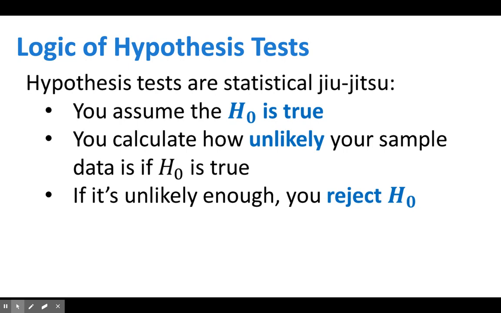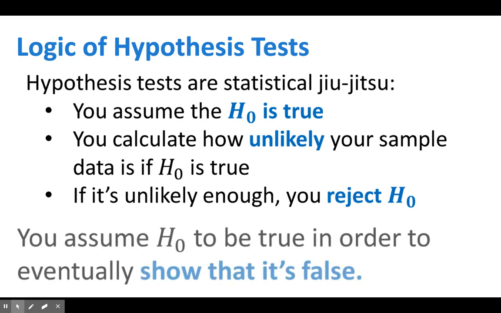So basically, what we're going to end up looking at is sampling distributions where the null is assumed to be true. And then we're going to figure out how unlikely the observed sample data is, to determine whether we're going to reject the null or fail to reject the null. And again, assume that the null is true in order to eventually show that it's false.